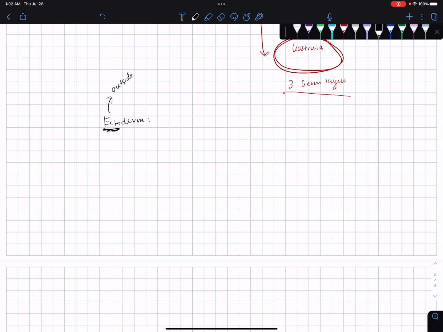That's why we're able to distinguish this from endoderm. Because endo reminds you of an endoskeleton, and so this would be on the inside. But we will get to that later. It's just a way to differentiate them.